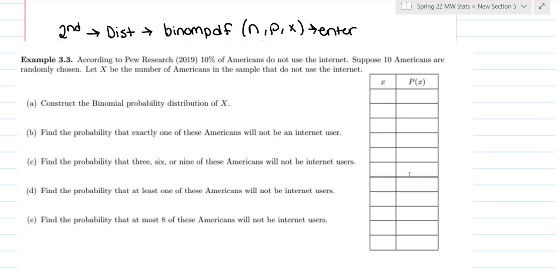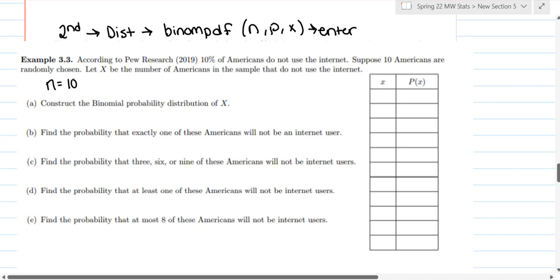Okay, so let's identify our variables here. We have N, number of trials. We're choosing 10 Americans. P is the probability that they do not use the internet. So that is 10%, 0.10. Q is the probability that they do use the internet. So that's 0.90.